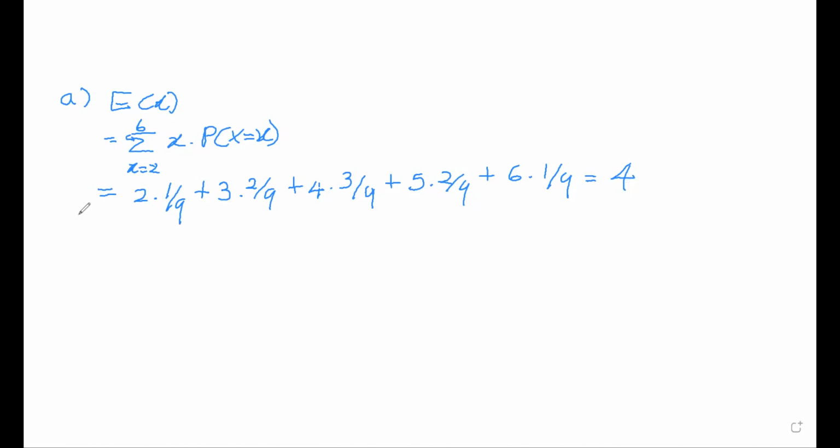And part B, the expected value of X squared. So it is equal to the summation, x goes from 2 to 6, of x squared into the probability of X equals x. In place of x, we put x squared. So whatever is here, we have to put here.